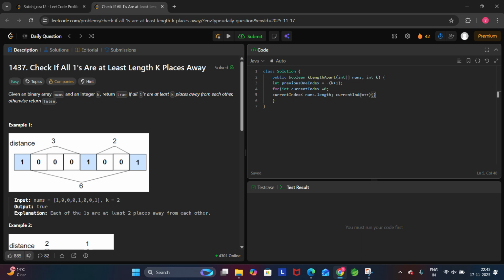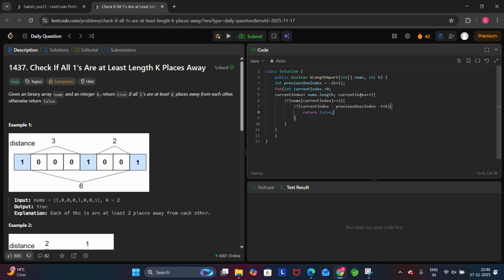After that we are going to write an if where nums of the currentIndex is equals to 1, if currentIndex minus previousOneIndex minus 1 is less than k, which is going to return us false.